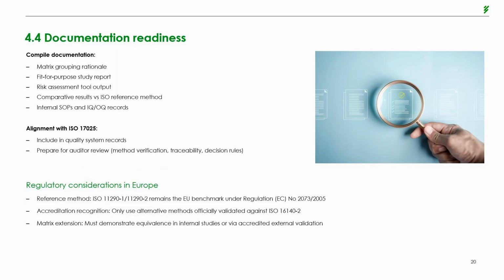The method validation as of now should be performed using ISO 16140 Part 2 for it to be recognized for an accreditation, and also for the extension of a matrix, it is necessary to demonstrate its equivalence either through internal studies or by an accredited external validation.